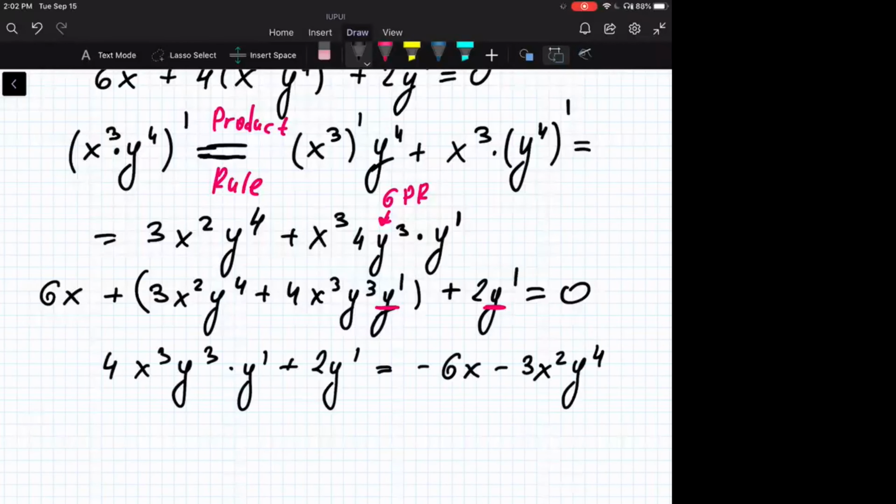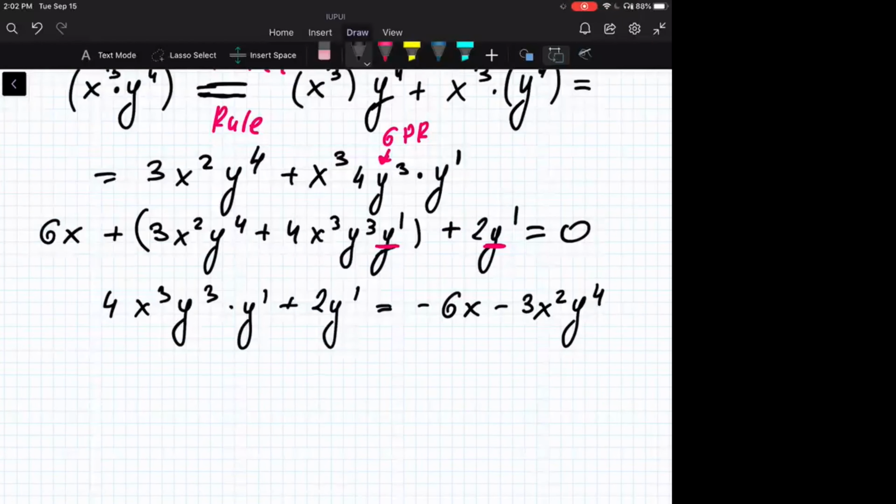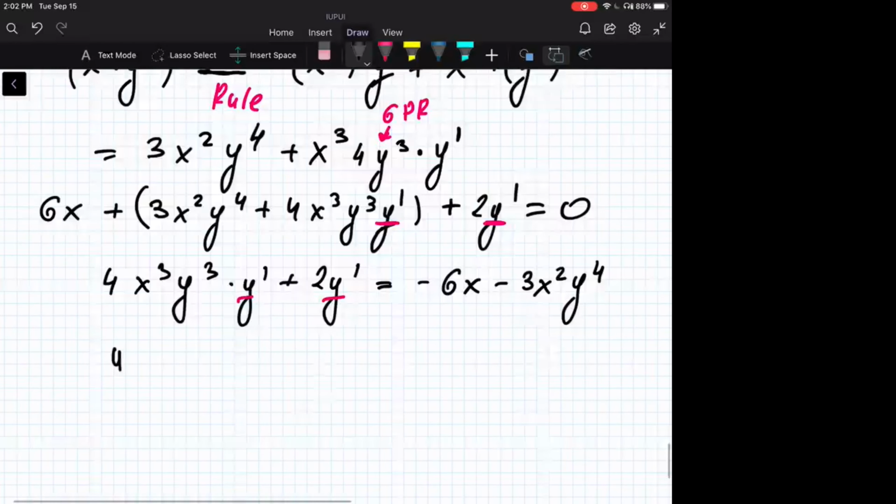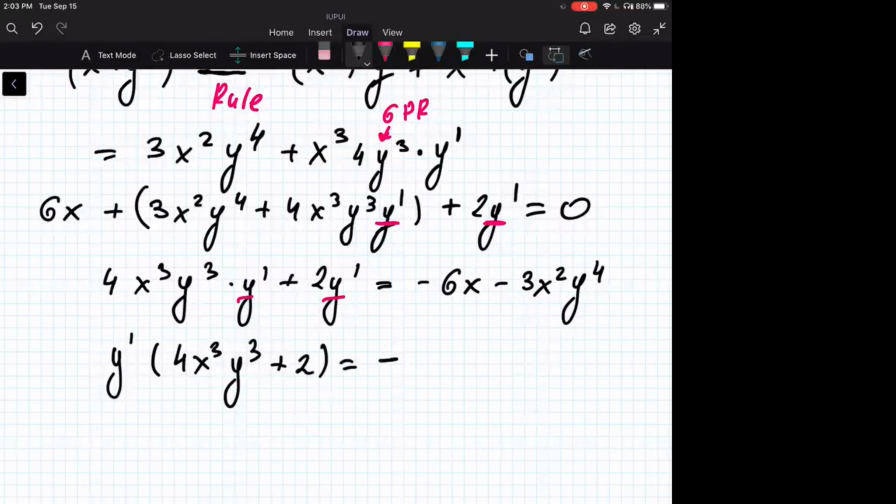Okay, then y prime is a common factor, so I have y prime times (4x cubed y cubed plus 2) is equal to, let's say, minus 6x plus 3x squared y to the power 4.